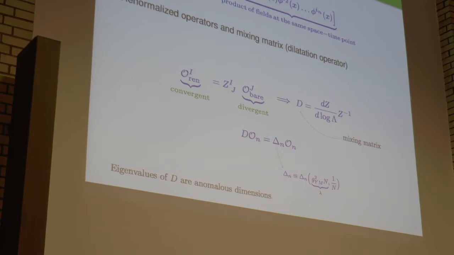You achieve this by means of two things: you mix your fields, and you pick a special dependence of the mixing matrix on the cutoff. So this is basically the idea of renormalization.